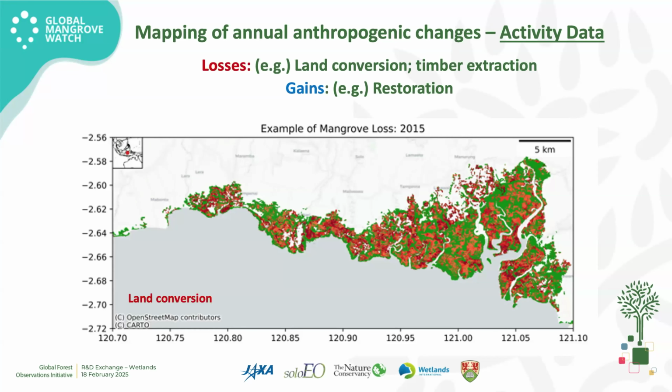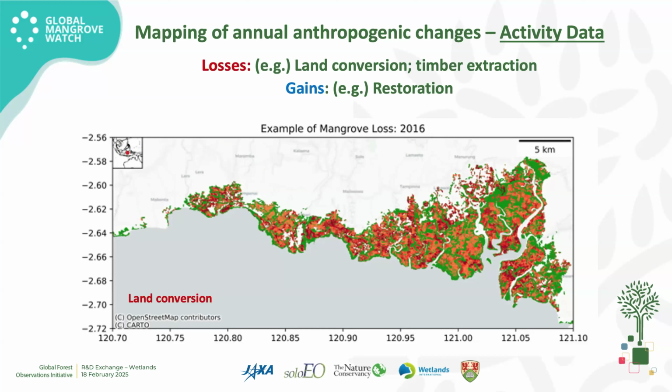For instance, with version 4, we will have a separate data layer for losses per year and a separate data layer for gains. Losses could be, for instance, land conversion or timber extraction. Gains could be restoration projects.